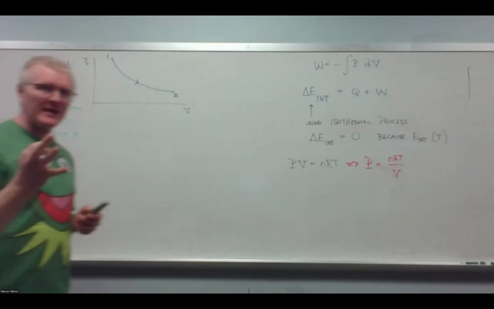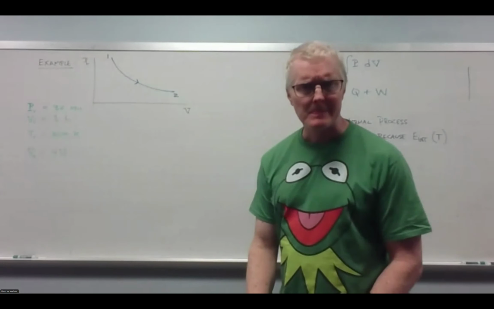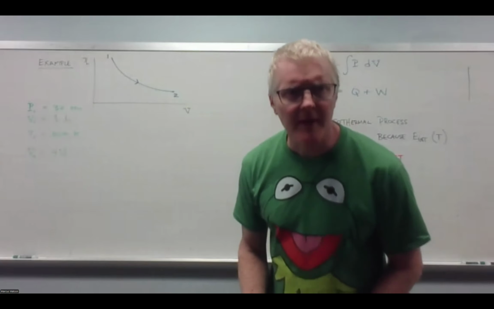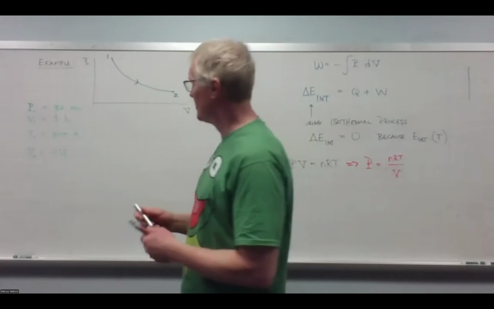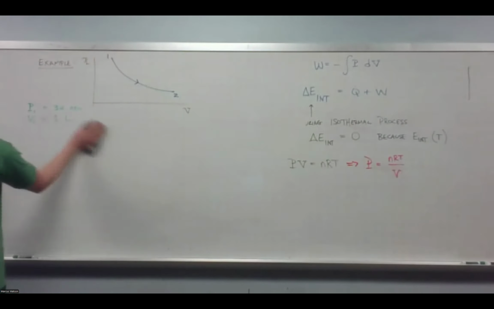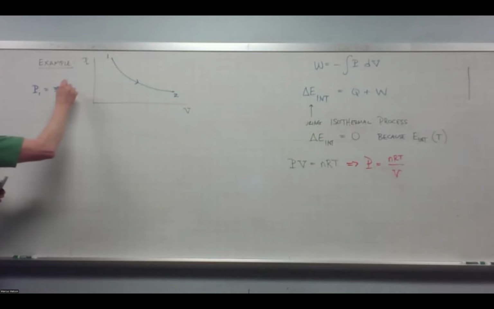So now I'd like to find three things. That's funny. It looks almost blurry, that last line I wrote. I'm going to assume that it's blurry for you as well, and I'll try it in something darker. Alrighty, let's try again. P1, 32 atmospheres. V1, 1 liter.